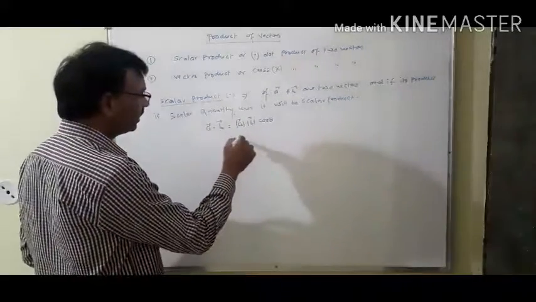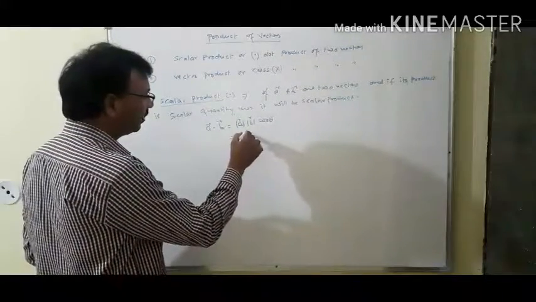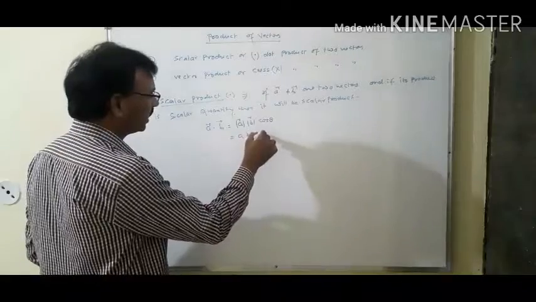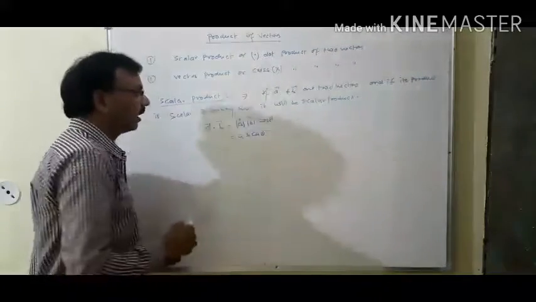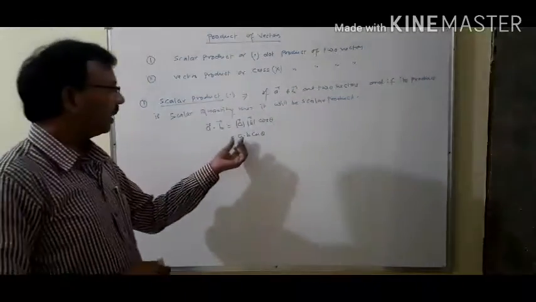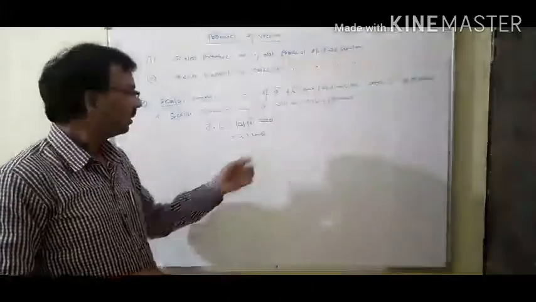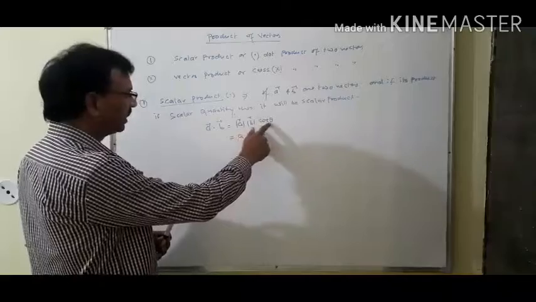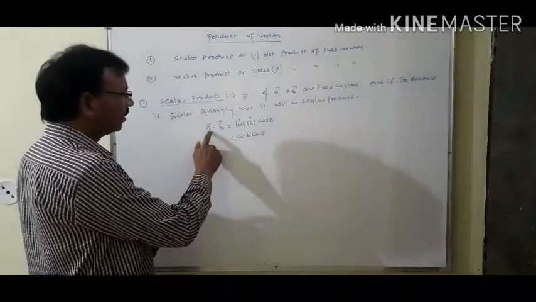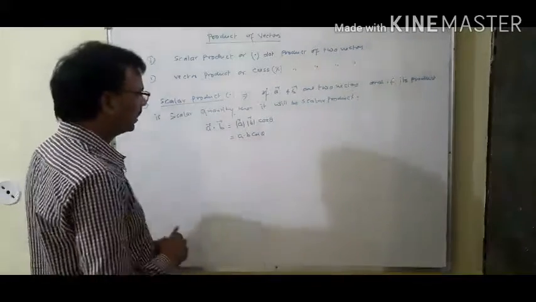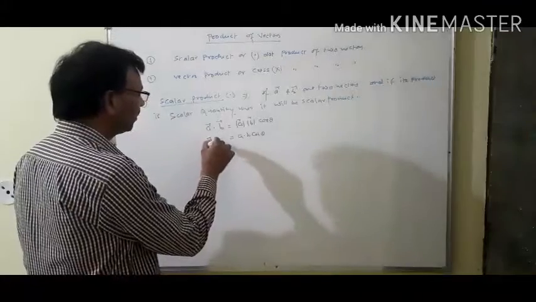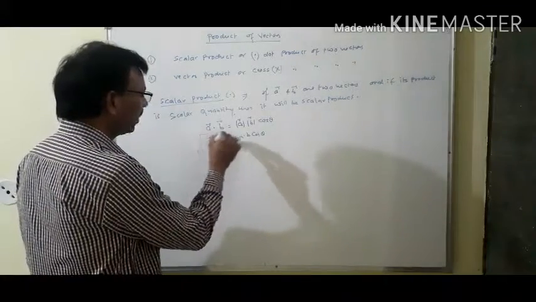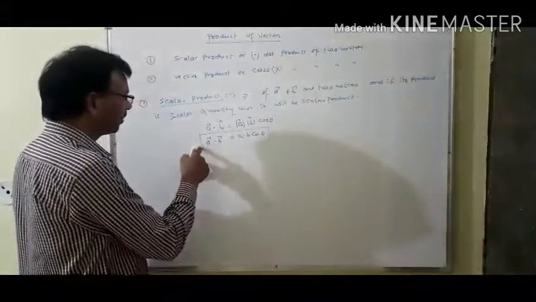Or we can write this simply as A into B cos of theta. Simple A and simple B denote the magnitude of A and magnitude of B. That means we can write A dot B equal to magnitude A magnitude B cos theta, or A dot B equal to AB cos theta. This is the formula of the scalar product.